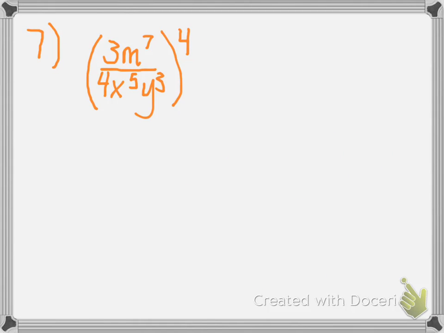Alright, this next one, you're going to take your outside exponent and you're going to distribute to everything on the top and everything on the bottom. So 3 to the 4th is 81.